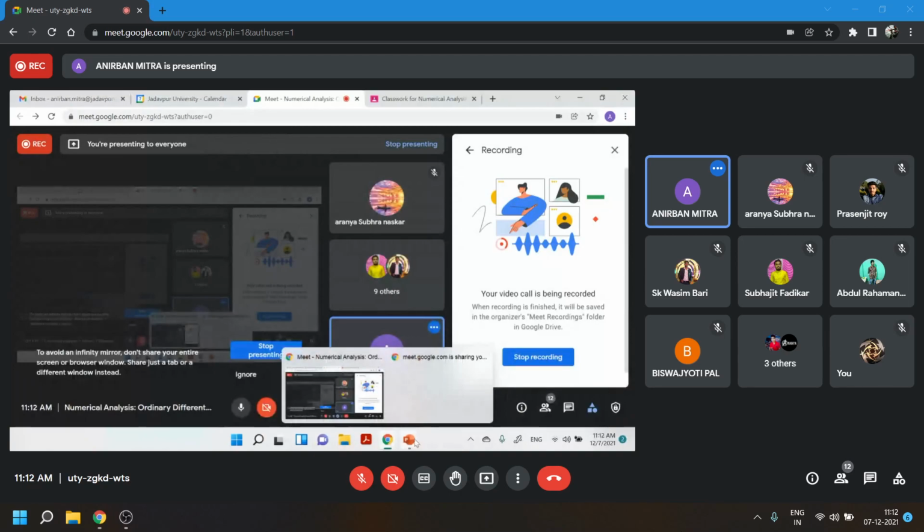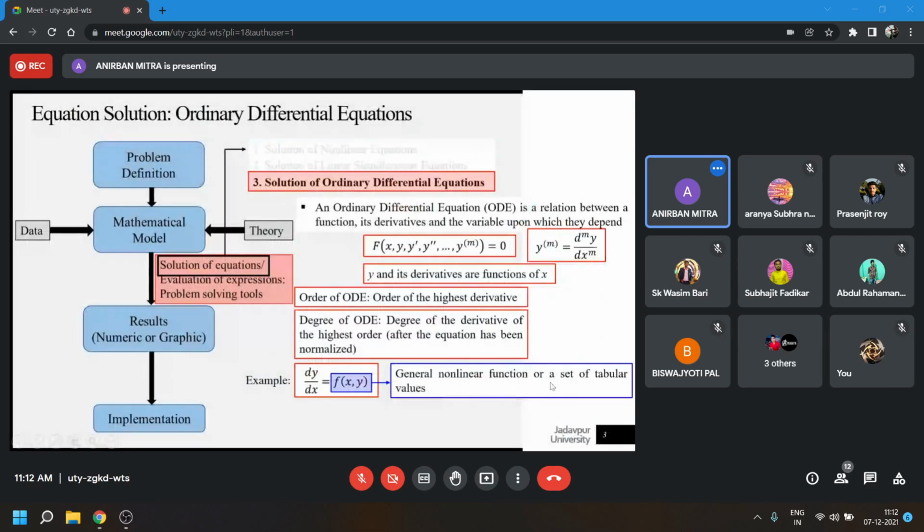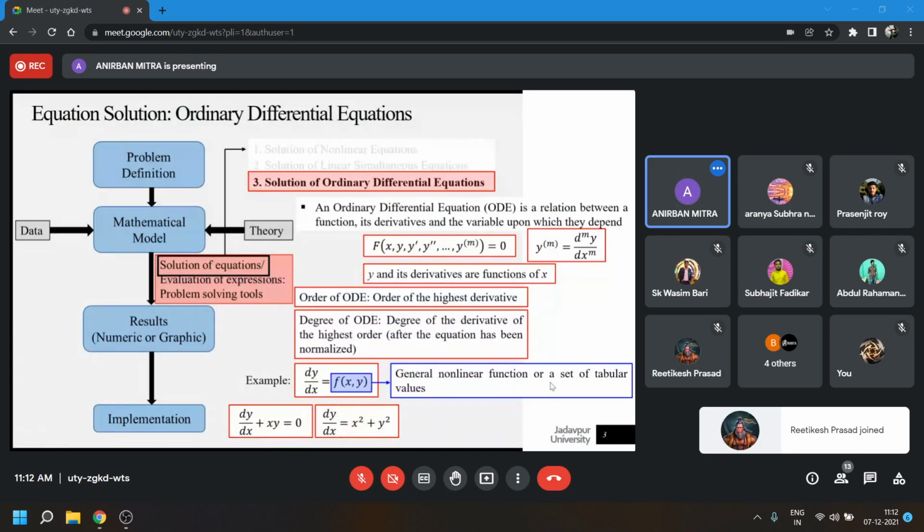If we talk about specific examples, you can see examples of nonlinear functions. The first equation here is dy/dx plus xy equal to 0, where f(x,y) involves a product of x and y.